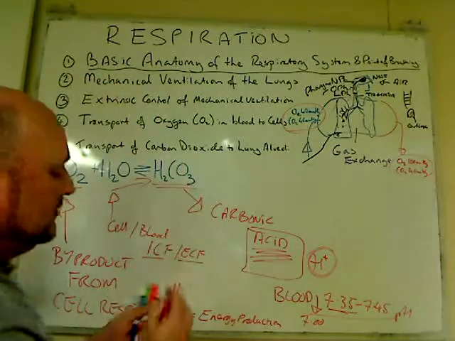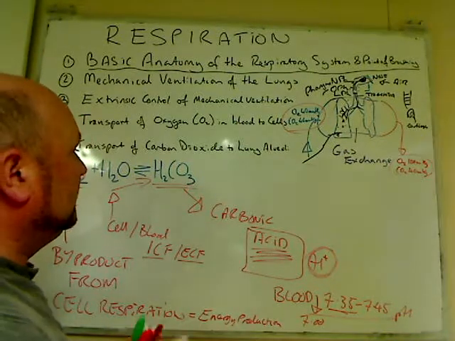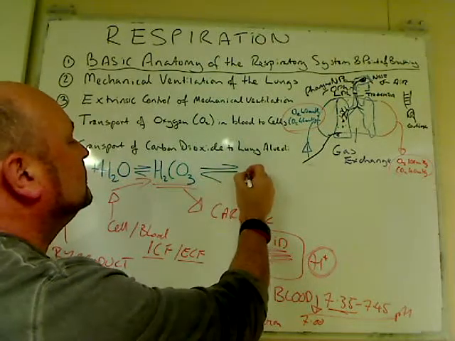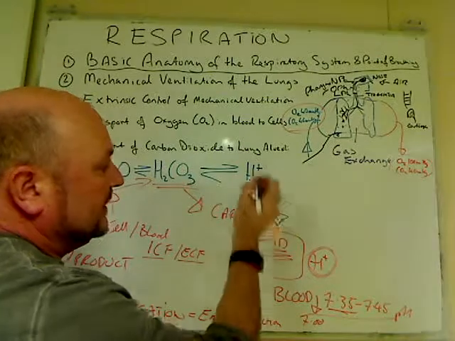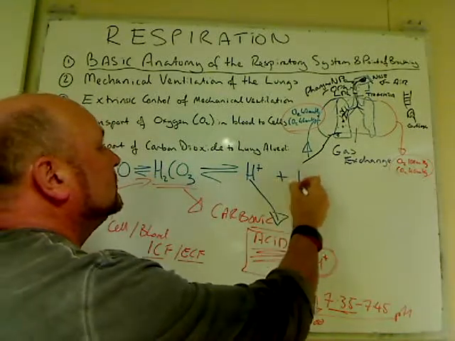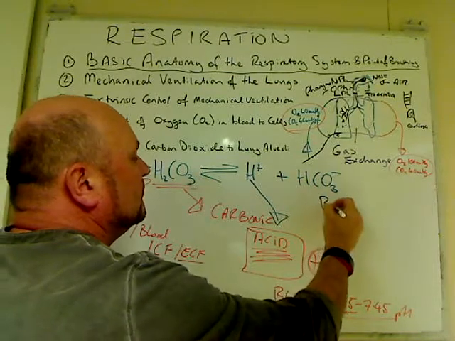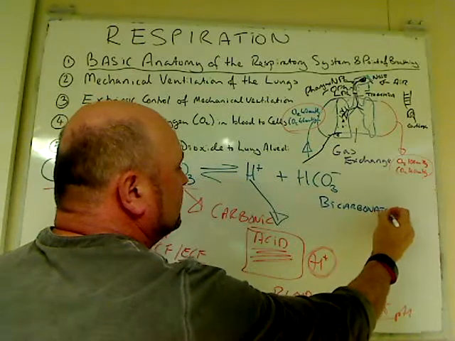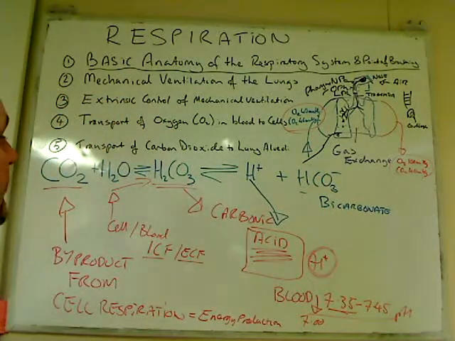So, why is this acid a problem? Well, because once it's formed, it dissociates into the hydrogen ion, which creates the acid problem, but it also gives us this, which is bicarbonate, HCO3 minus.